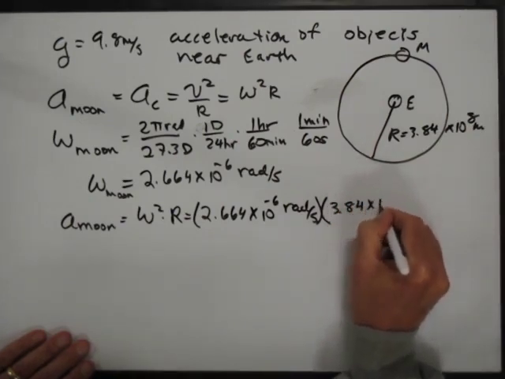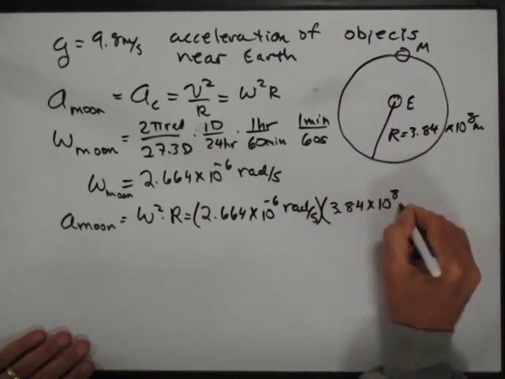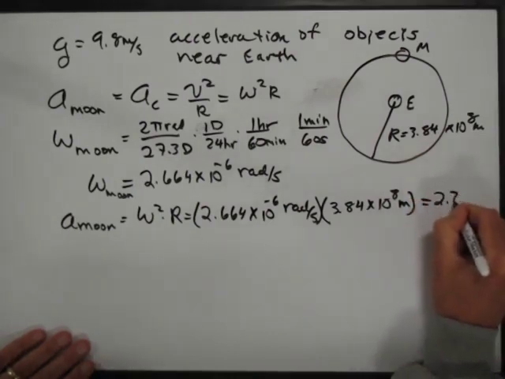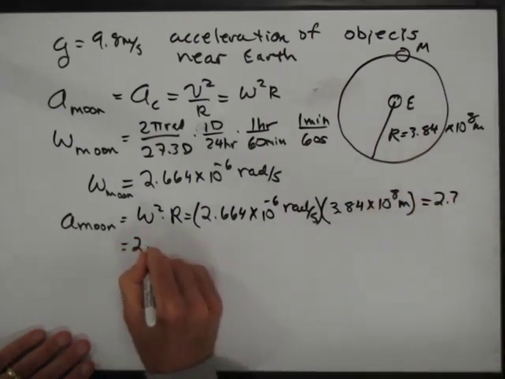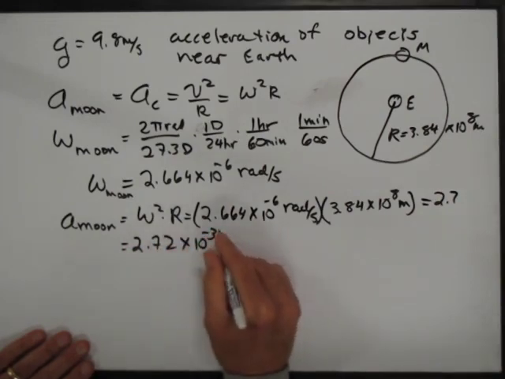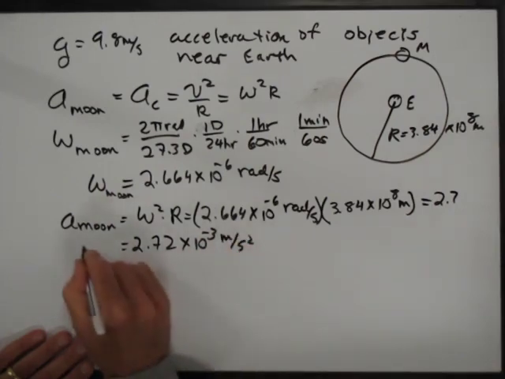And when you multiply all that out, you get 2.72 times 10 to the minus 3 meters per second squared.